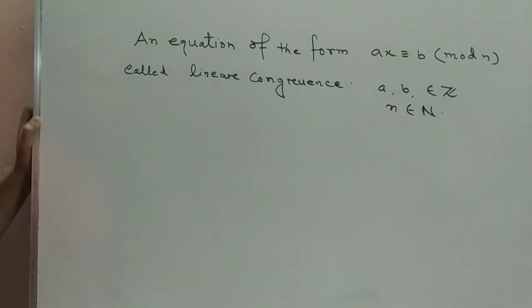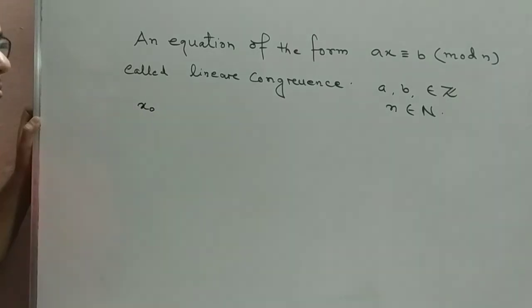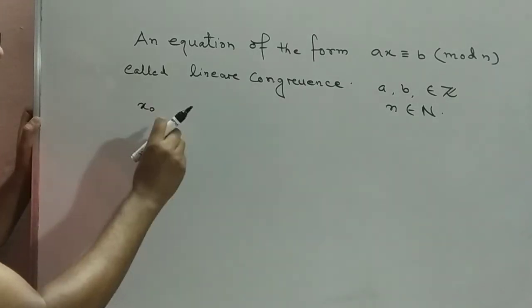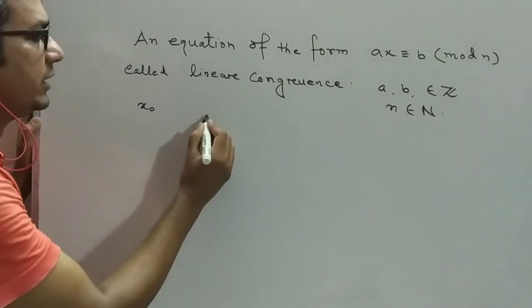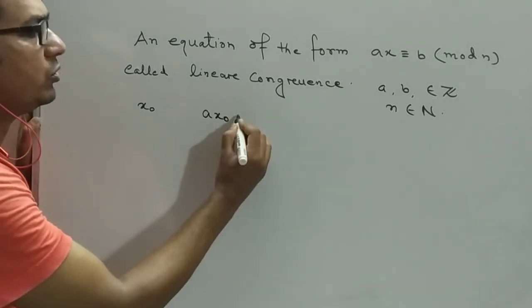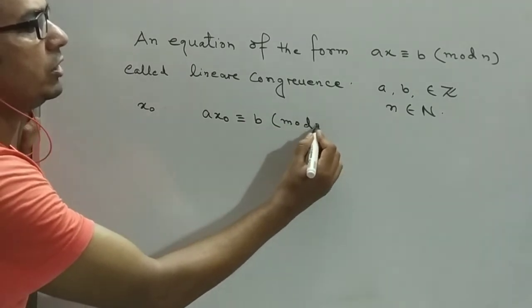Now, if x0 is a solution of the linear congruence, then we have Ax0 congruent to B mod n.